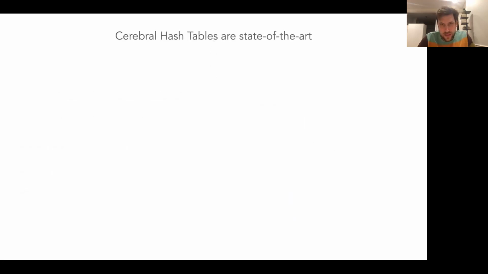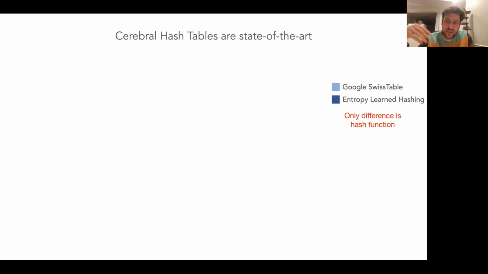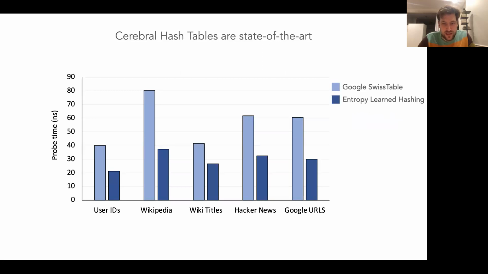For more medium-sized keys, which is going to be the focus of our experimental results, the gains are more moderate, but still quite consistent. So what we're going to do is compare Google's state-of-the-art hash table, Google Swiss table, and we're going to rip out their hash function and instead replace it with a custom hash function we're building. And what we see is across a range of different data sets that we're achieving much faster hash lookups.